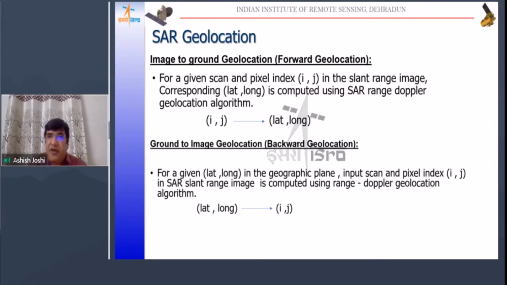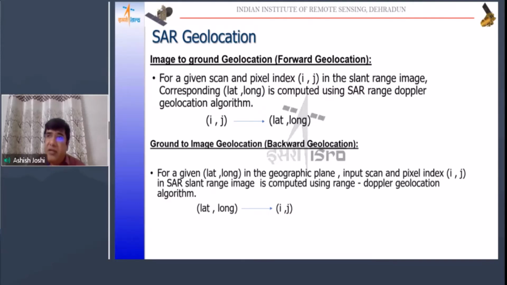If we take a dam, we know its x y z, the lat long position and the z value. So for that geographical position, what is the image location in the SAR image? That is called the inverse, or backward geolocation.